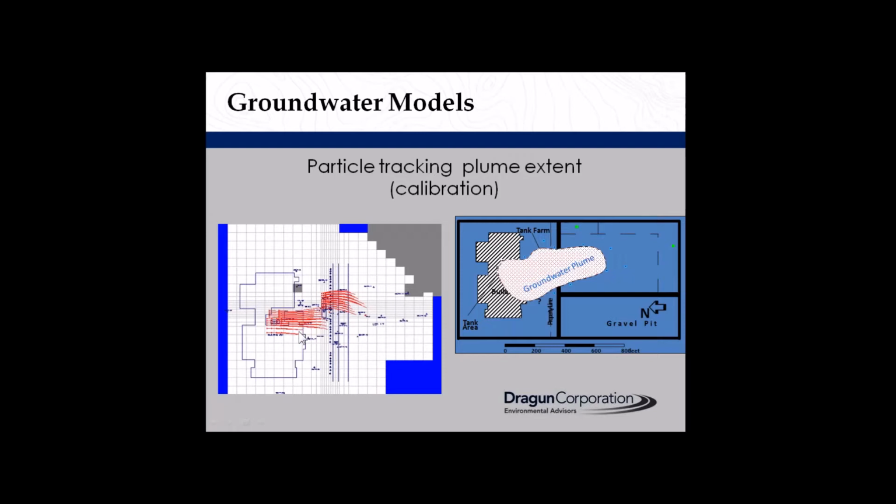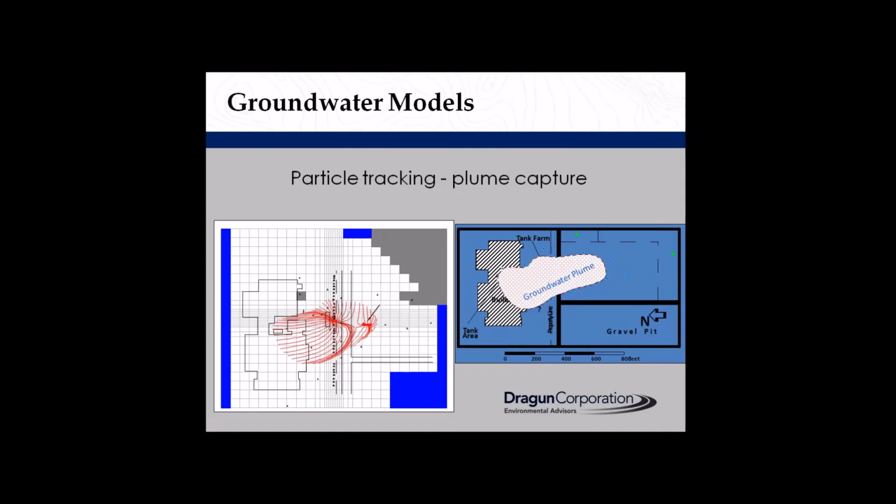We had an idea of when the releases could have occurred, so we put some particle tracks around this UST and around this UST, and made sure that the tracks that came off of those initial spots matched fairly well with the groundwater plume that we saw in the field. And you can see it's kind of the same shape, and that's what we're looking for here. So this is an independent confirmation of our model from the flow data that we used to set up the model.